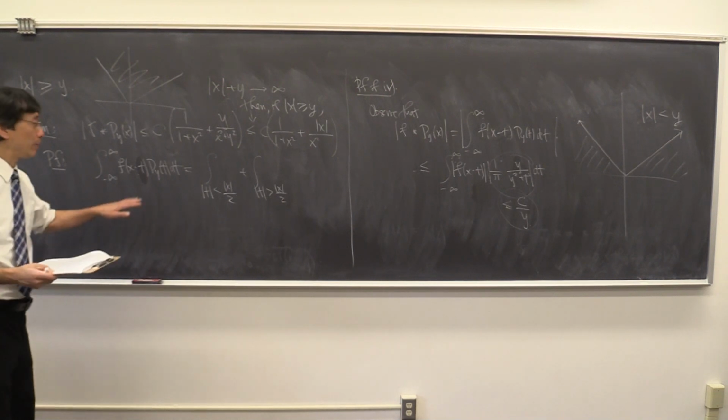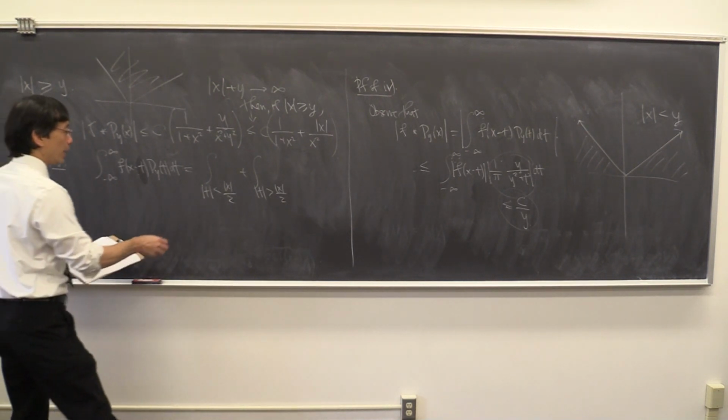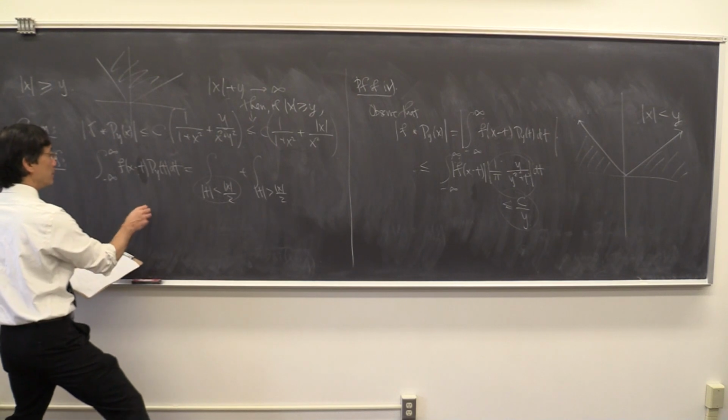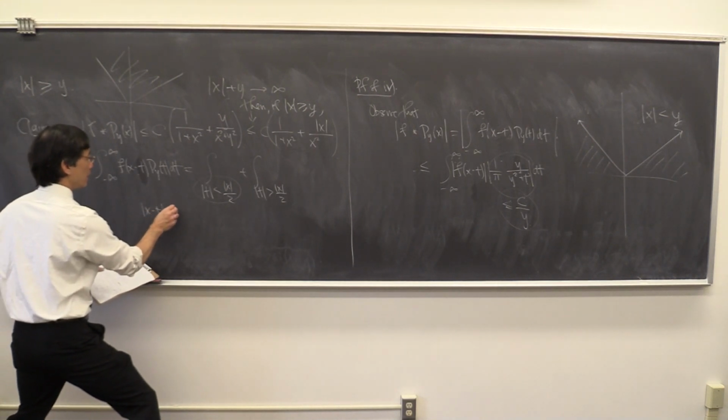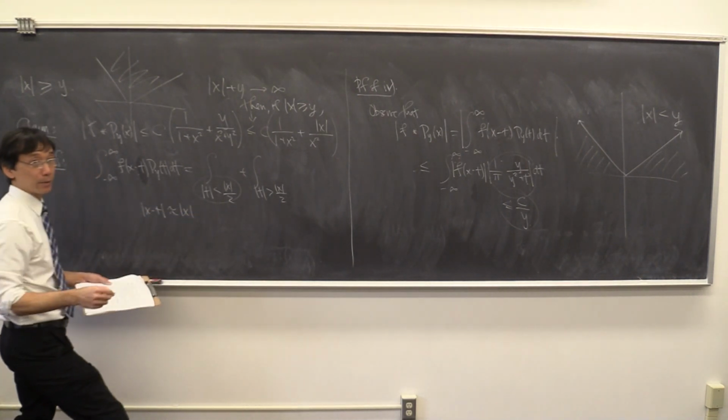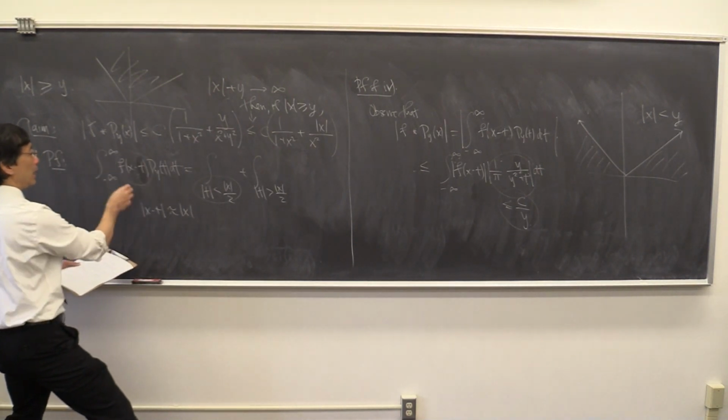And we play exactly the same sort of trick. Where t is small, that means that x minus t is basically x, and we do the same thing we did last time.